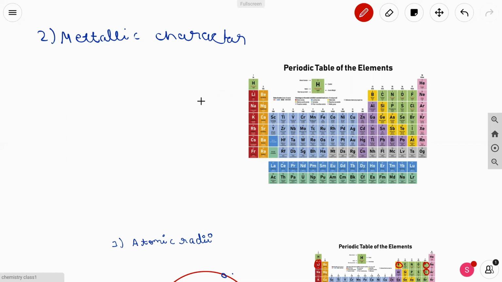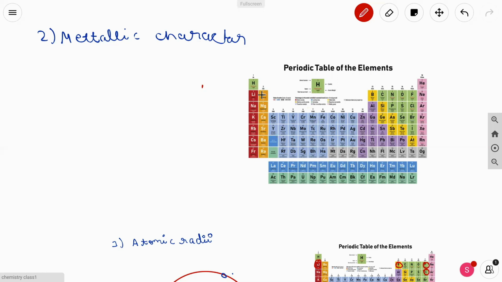For example, lithium has just one valence electron. So after it loses it, it will have noble gas configuration. Beryllium has two electrons, and we already learned while talking about atomic radii that across the period the nuclear charge increases, but the valence shell remains the same.